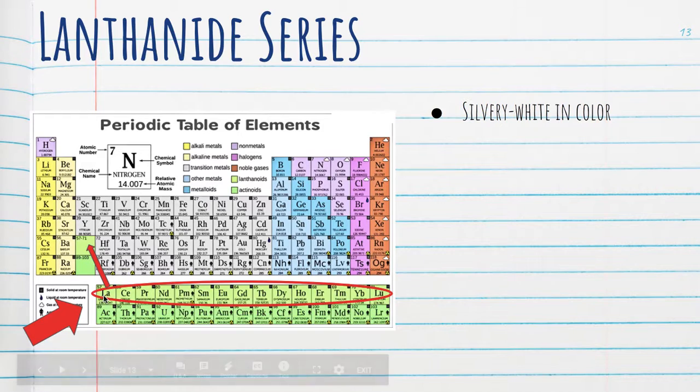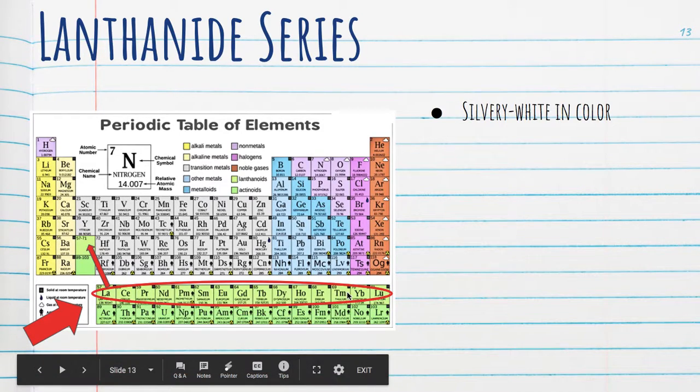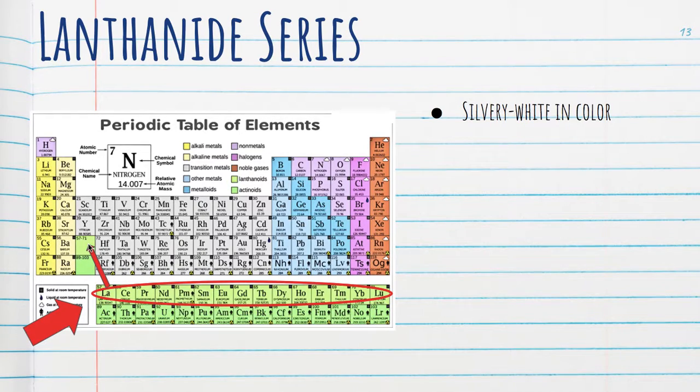The reason that they bring it down here is really just to consolidate the periodic table. Otherwise, if this group was moved up here, we would have 2 long rows to about here, and then our transition metals would start, and we wouldn't be able to put that onto a piece of paper.